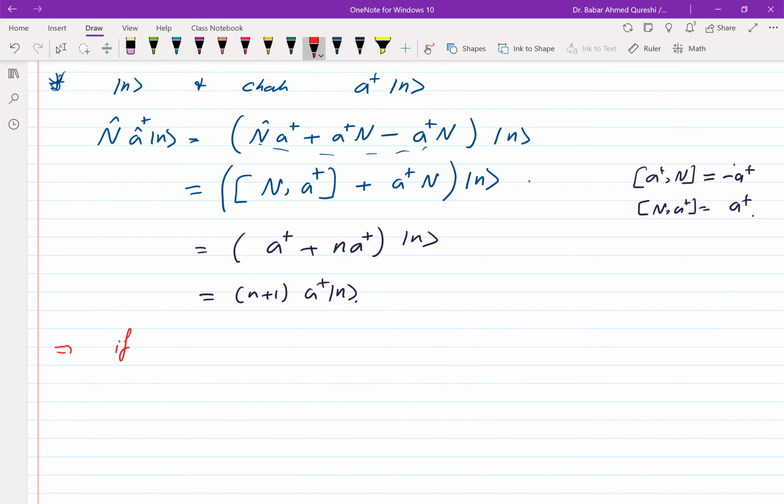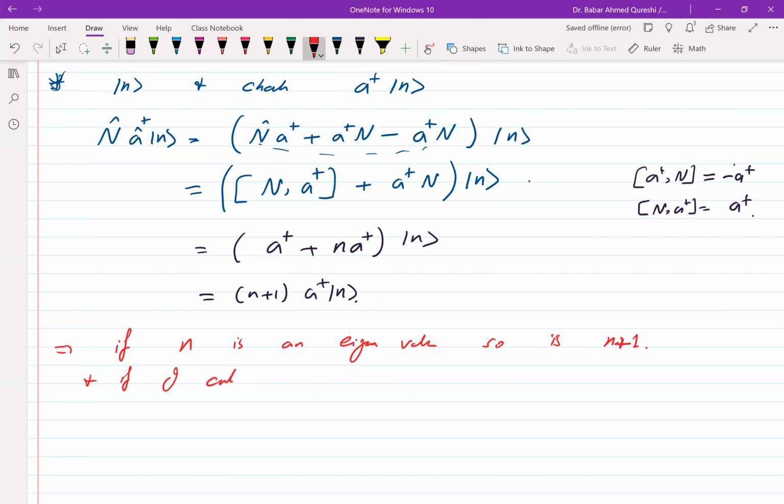So this implies that if n is an eigenvalue, so is n minus 1, and so is n plus 1. We have already proved that n minus 1 is also an eigenvalue, and n plus 1 is also an eigenvalue.